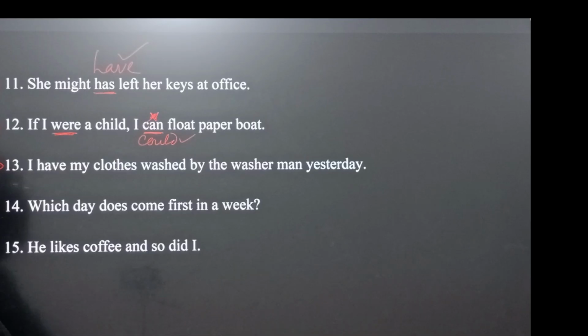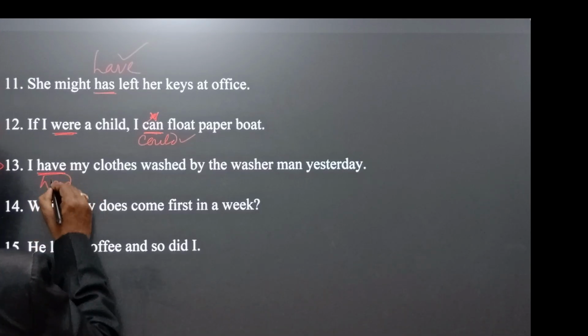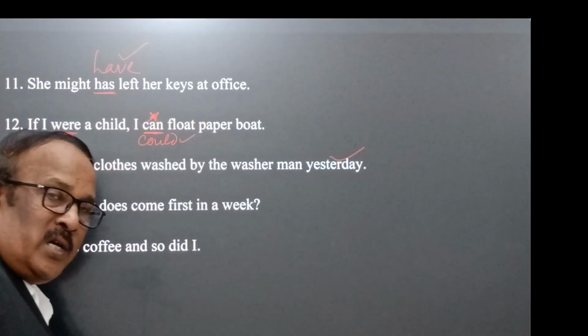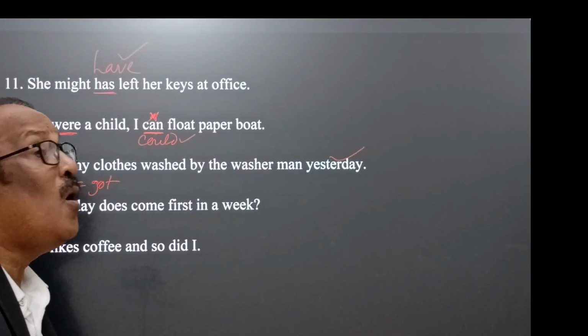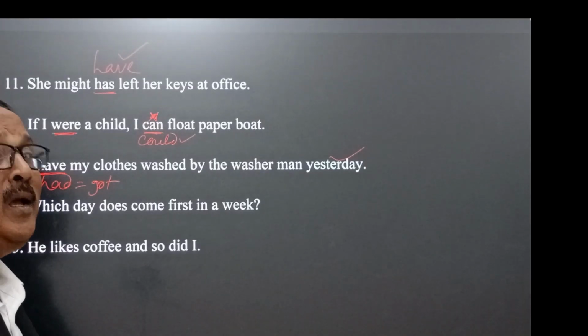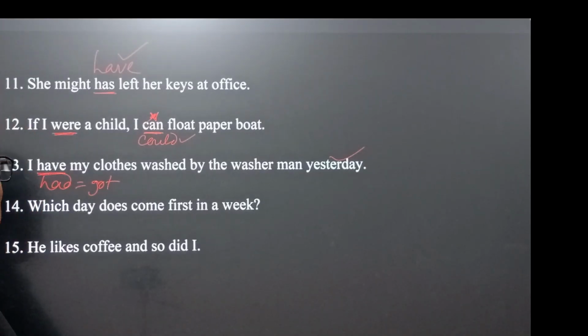I have my clothes washed by the washerman yesterday. Have is the wrong answer and it should be had, because here yesterday has been used. It means I didn't wash my clothes. I got or had my clothes washed by the washerman yesterday.